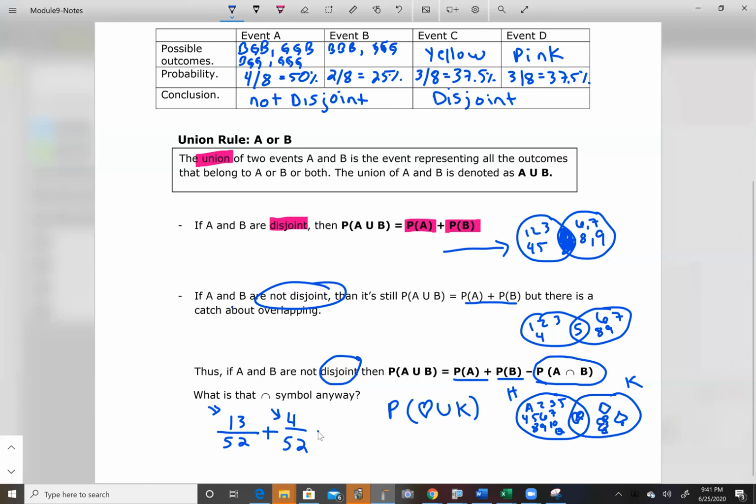So we have to subtract 1 out of 52. We have to subtract one of them because we're counting it twice, but there's really only one card, right? So the probability is actually 13 plus 4 is 17, minus 1. The probability is actually just 16 out of 52 that you would pull either a heart or a king.